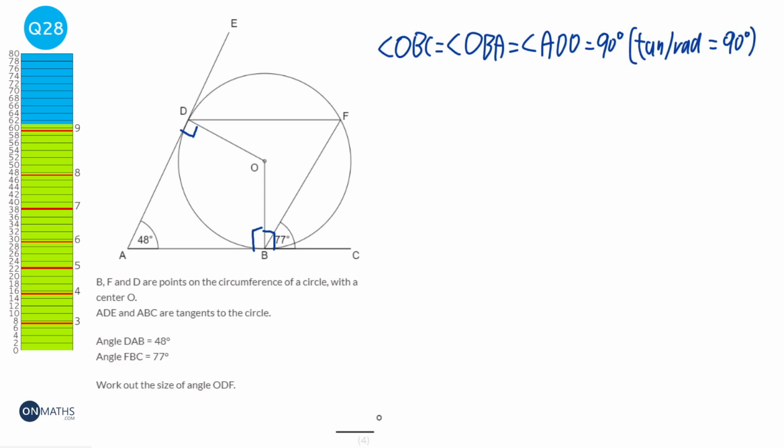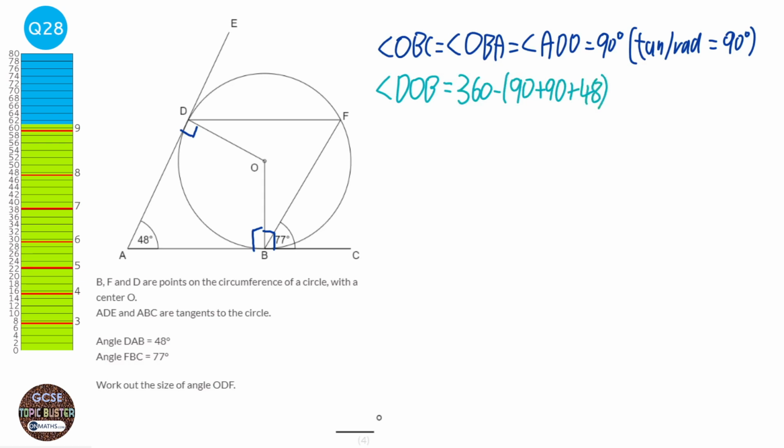I'm going to just keep it a little bit contained, just so I can fit this answer all on the same slide. Okay, so the first thing I'm realizing is that there's a nice little quadrilateral here. And whenever we've got a quadrilateral and we've got 3 of the sides, we can work out the last one. So angle DOB is going to be 360, take away the angles that we know, so 90 plus 90 plus 48.